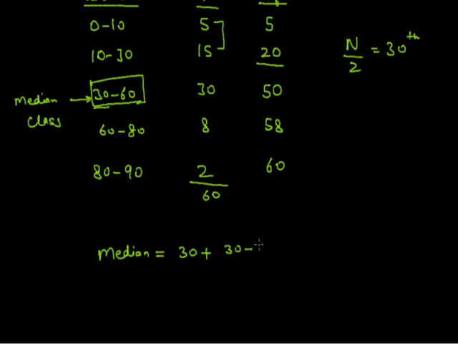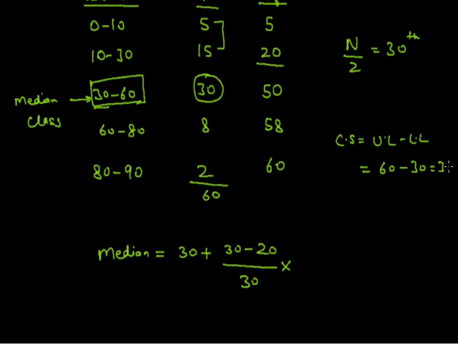This is divided by the frequency of the median class, which is 30, into h, the class size of the median class. Class size is upper limit minus lower limit of the median class, that is 60 minus 30, equal to 30.